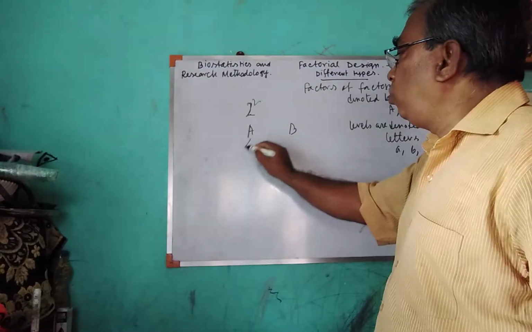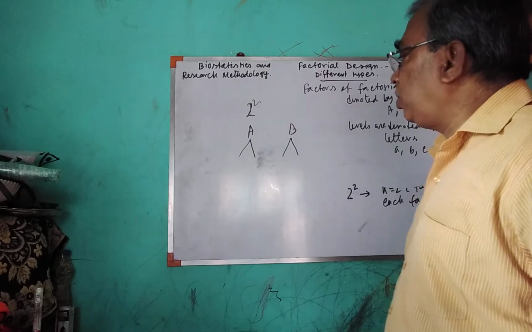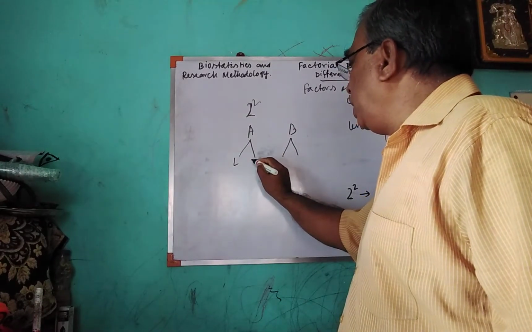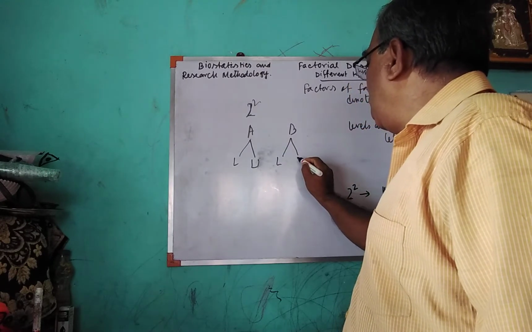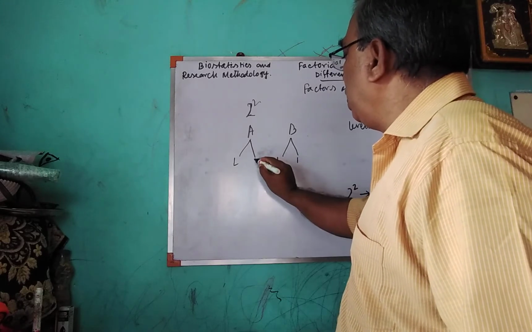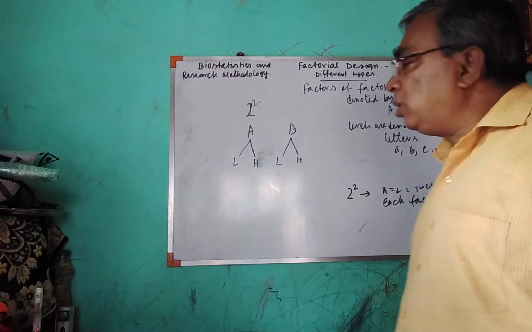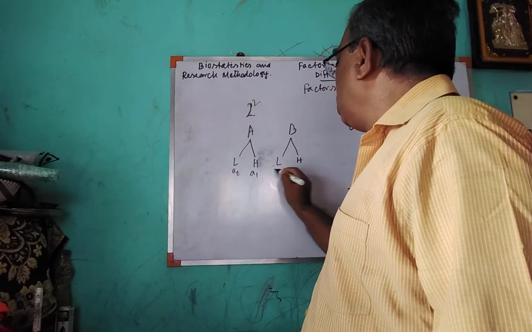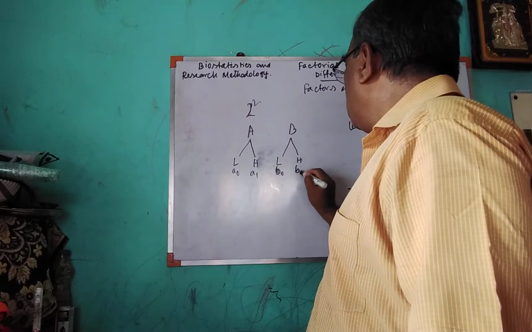Factor A has two levels, factor B has two levels. The base 2 means each factor has two levels, one lower level and another upper or higher level, L and H. The lower level you can say 0, that is A0, A1, and here B0, B1.